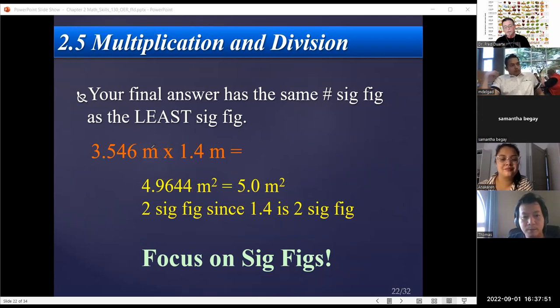We got 3.546 meters times 1.4 meters. Obviously, meters times meters is meters squared. And if we were to multiply that with meters again, we're going to get meters cubed. And again, meters to the 4th, meters to the 5th, okay? So don't forget your units. So this is square meters.